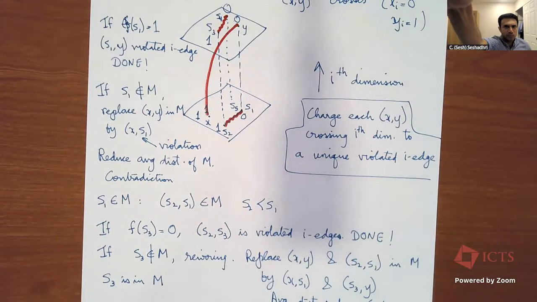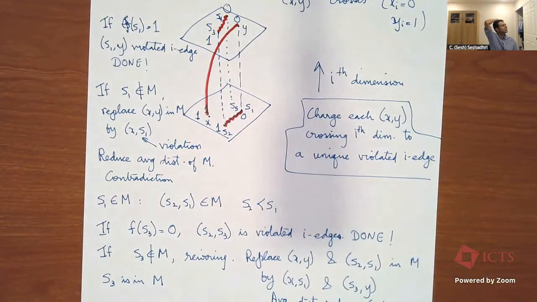But here, the reason I was saying this is because of this thing of charging each. The violation graph looks like essentially like a transitive closure kind of a thing, or not like a transitive, it's like some kind of a long distance graph, and you're trying to charge each of those paths to one edge.